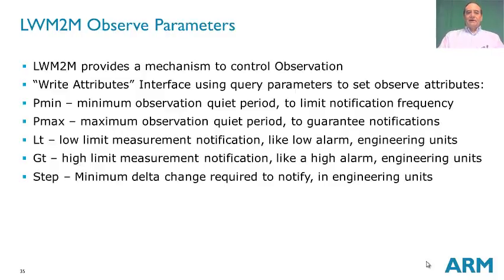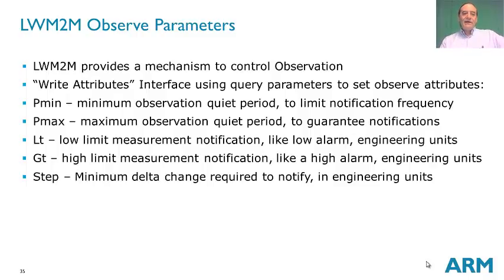Lightweight M2M offers a few other convenience features for controlling things that CoAP allows. For example, the observed parameters provide a way for the application to control the way asynchronous notification works. And it does this through a set of write attributes that the application can write to the device to control its observation and its asynchronous notification.